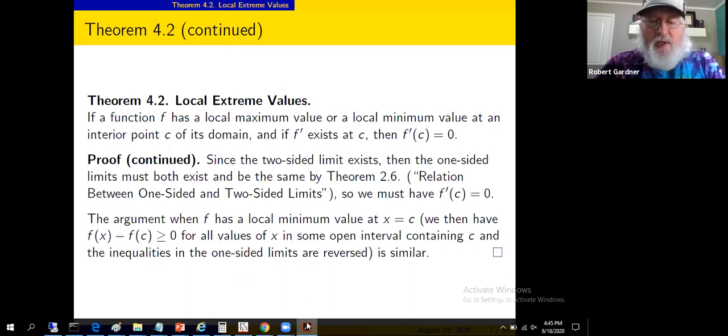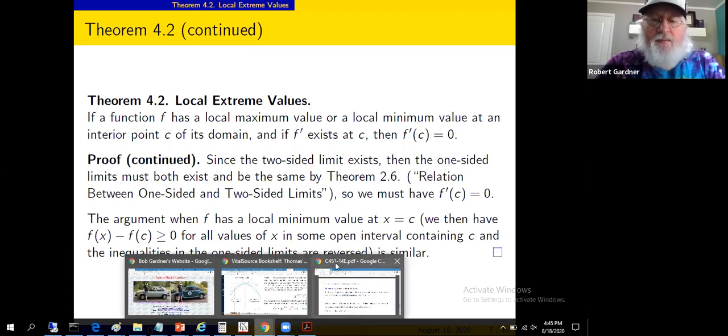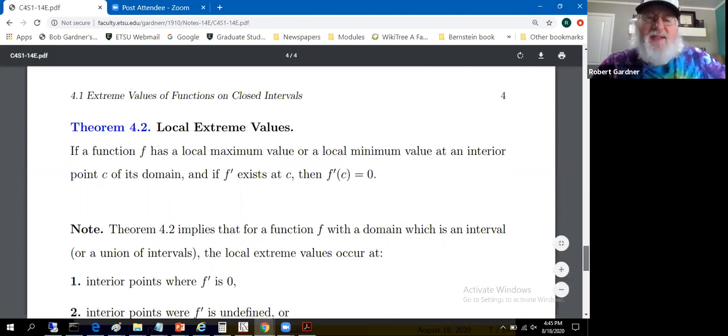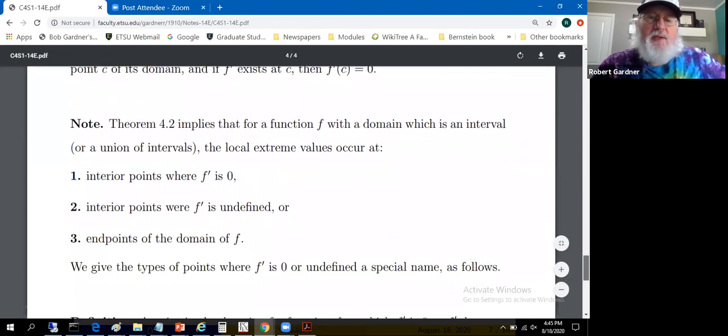So there's the extreme value theorem telling us that there exist, under certain conditions, absolute maxes and mins. The local extreme values theorem tells us where to look for them. Now, the local extreme values theorem only spoke of places where the derivative is 0 directly, but it's indirectly telling us other information.